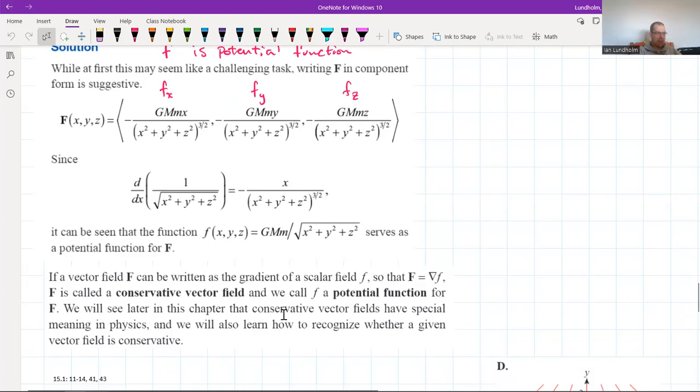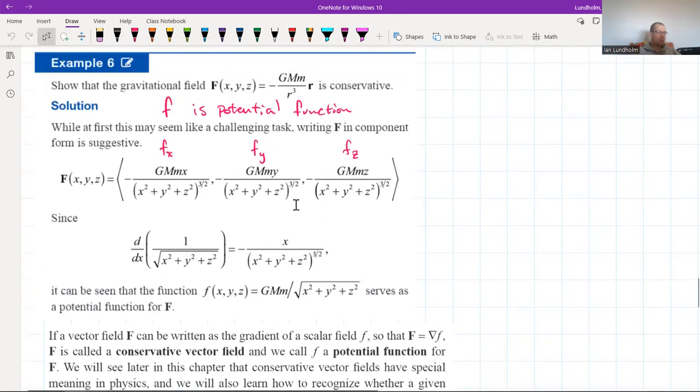One of the things maybe that I didn't mention is that these conservative vector fields have a special meaning in physics, meaning that these vector fields represent things that obey physical laws, like conservation of mass and energy, where the vector field might show potential trajectories for an object, but it's not necessarily a field that's adding new energy to the system, if that makes sense.